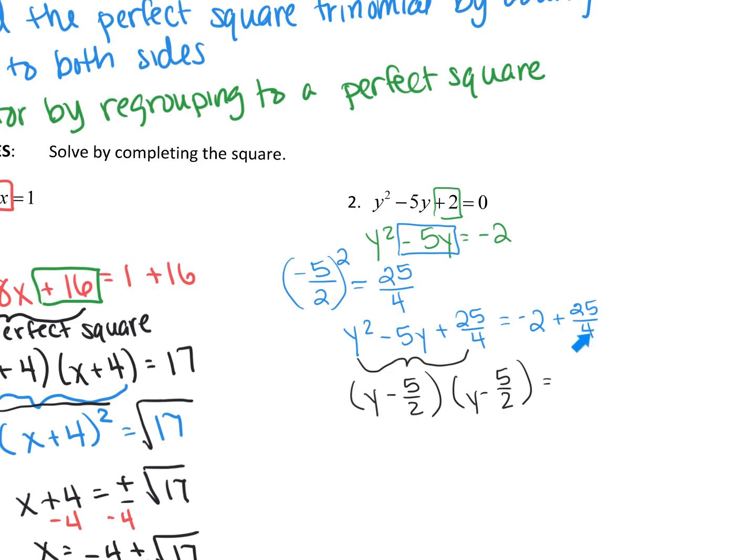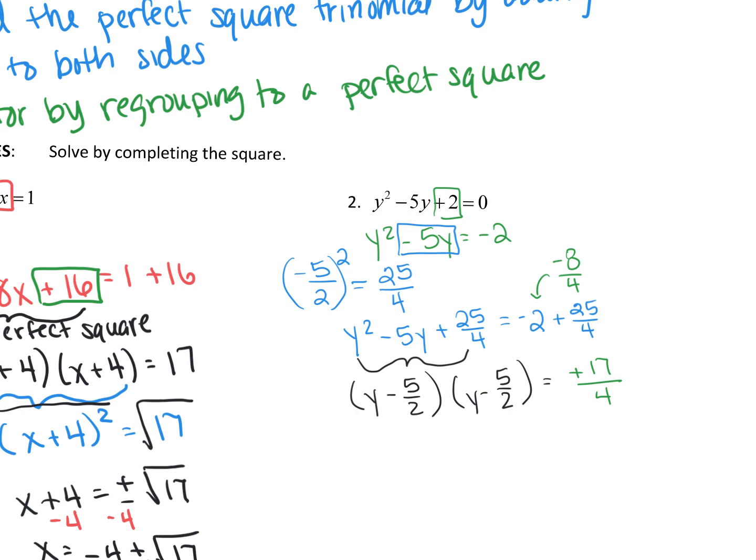The denominator here is 4, so I need to make this into fourths. In order to make that negative 2 into fourths, I just multiply 4 times negative 2, I get negative 8 over 4. And when I add negative 8 over 4 to 25 over 4, I'm going to get a positive 17 over 4.